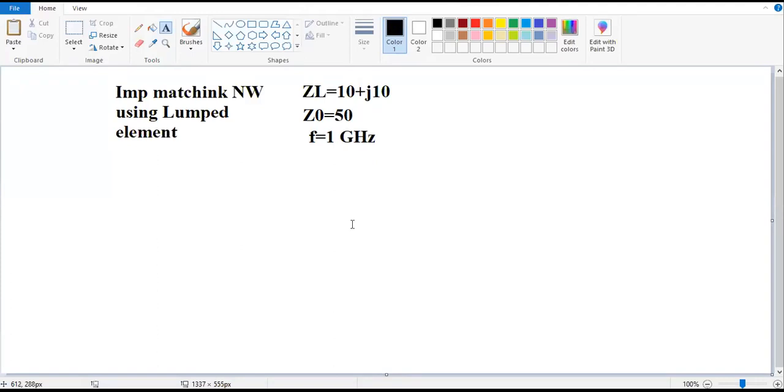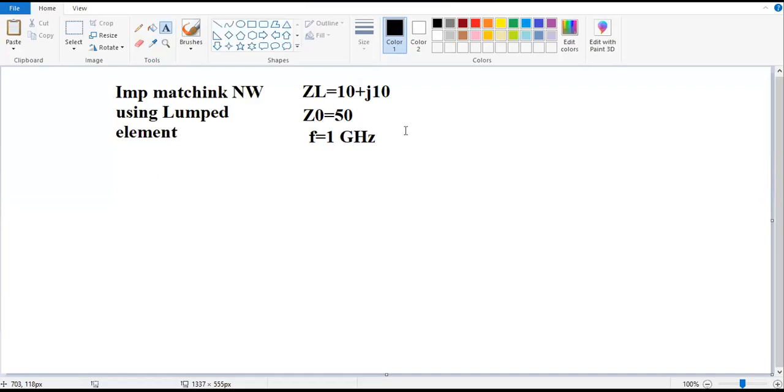These three things are sufficient, that is, given the circuit, design a lumped element matching network. So design a lumped element matching network for this frequency and this particular load impedance. So ZL is there.